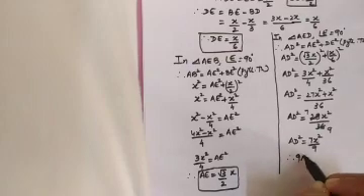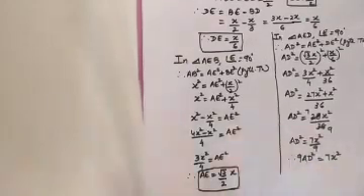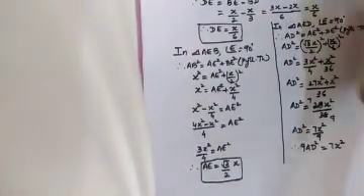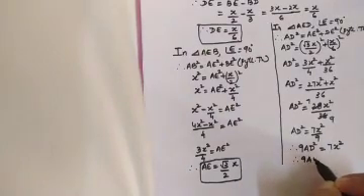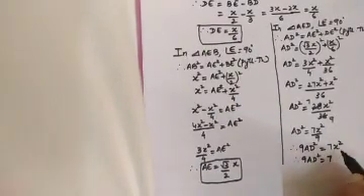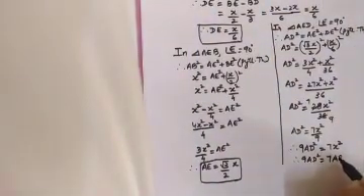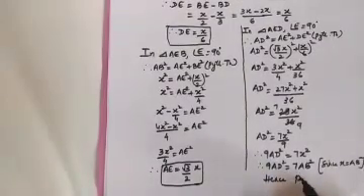Therefore, 9 AD squared is equal to 7 x squared. Now, here you need 9 AD squared is equal to 7 AB squared. You know that x is one side of the triangle, AB. So, 7 AB squared, since x is equal to AB. That is what you have to prove. Hence, proved.